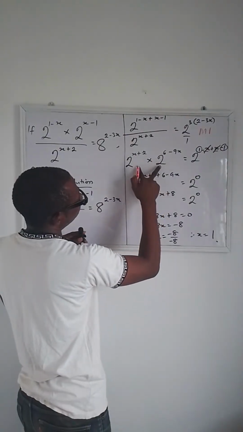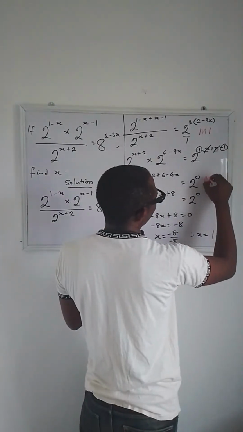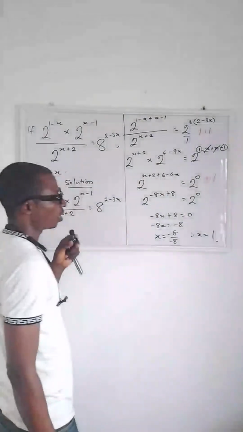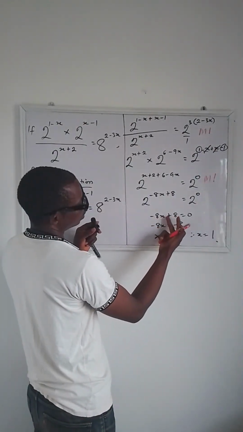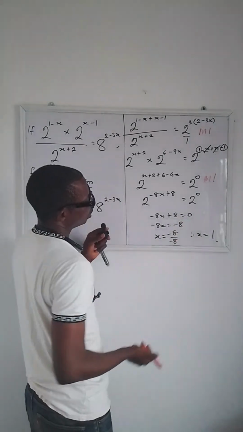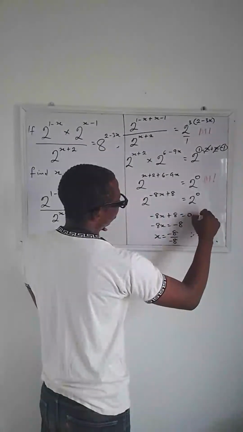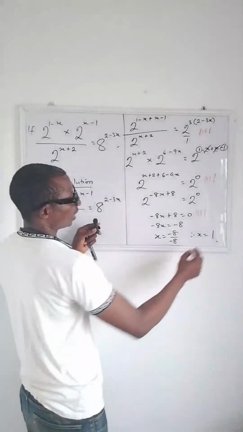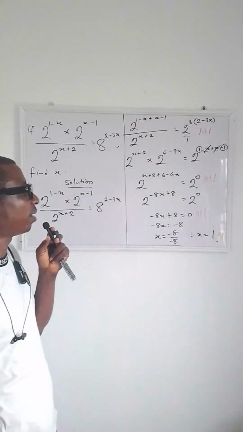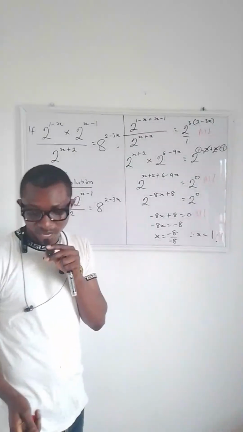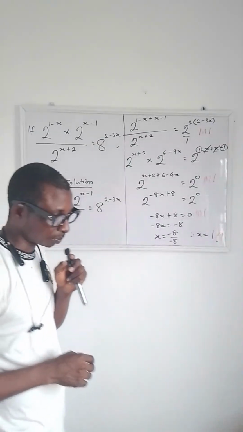For applying law of indices here again, coming to this level, there's another method mark, M1. Also for equating minus 8x plus 8 equals to 0, there will be a method mark 1 for that. And for getting your answer, an accuracy mark 1. So altogether, we have 4 marks. So that is the solution to that problem.